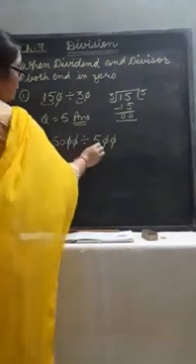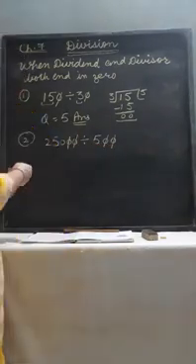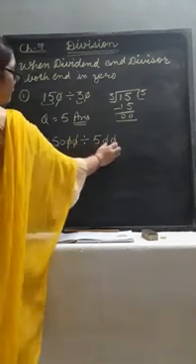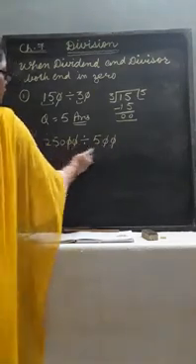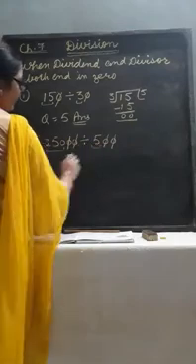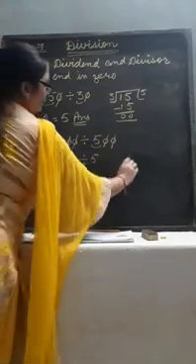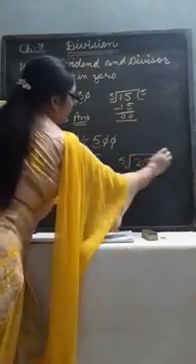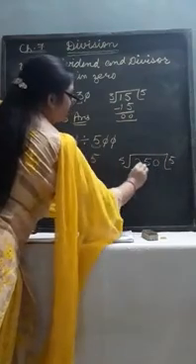Now, no zero is left in the divisor. We can't remove this zero. 2 zeros from both we have removed. Now we will divide 250 by 5. 5 5s are 25.